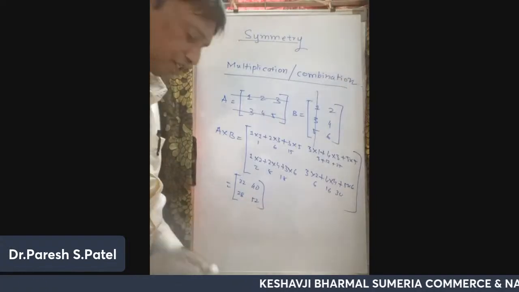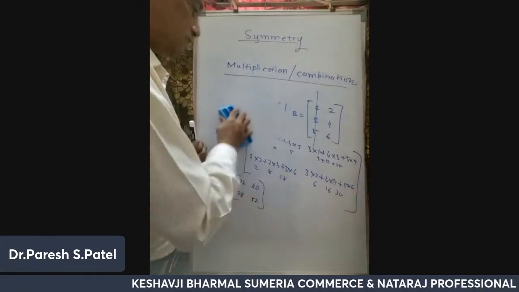So this is the combination or multiplication of any two matrices.